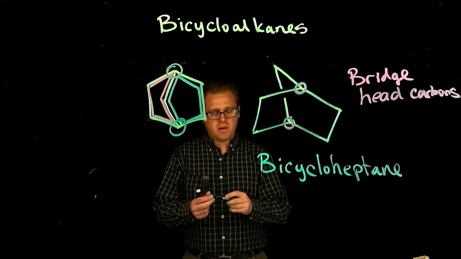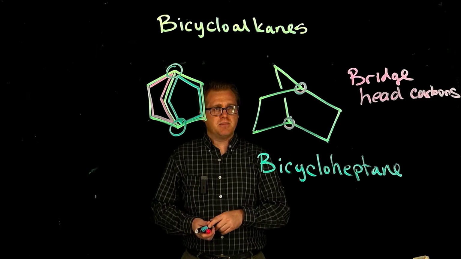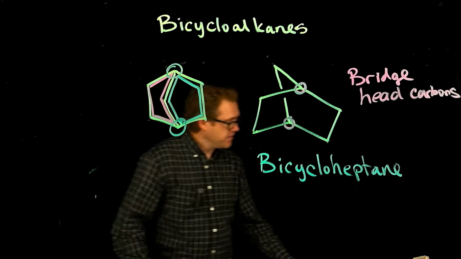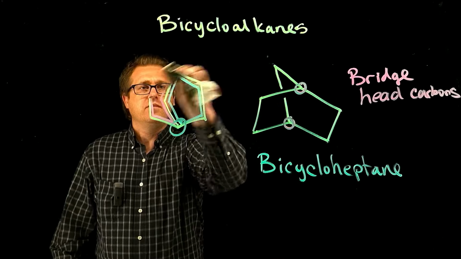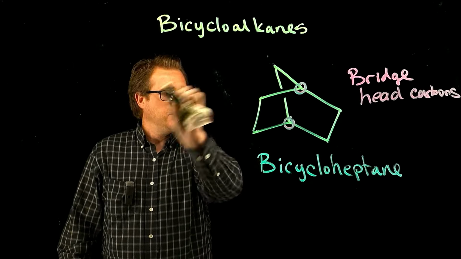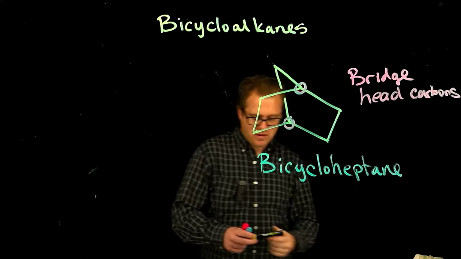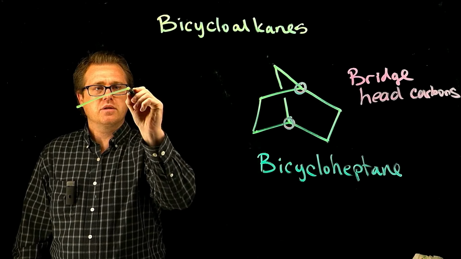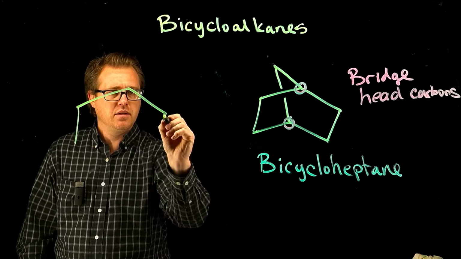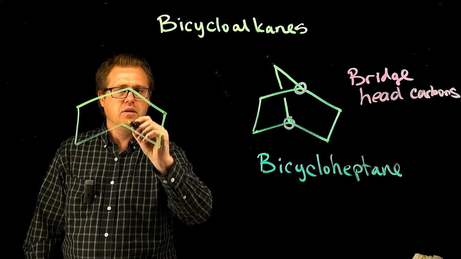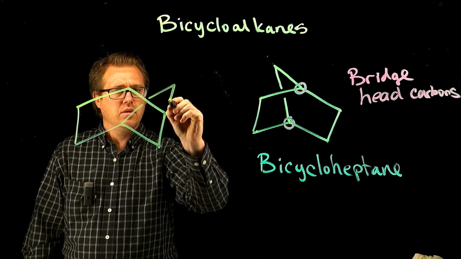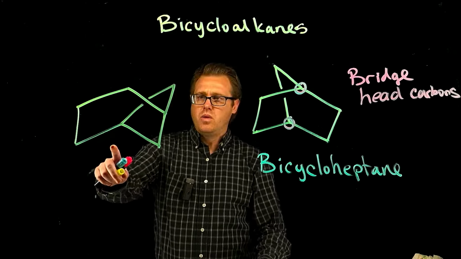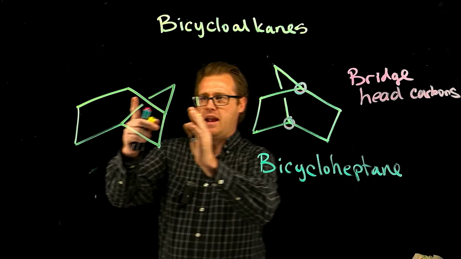Now, why is it important to find the bridgehead carbons? Because when you take a look at another molecule, what if I draw another molecule that looks like this? What's the difference between this guy and this guy?